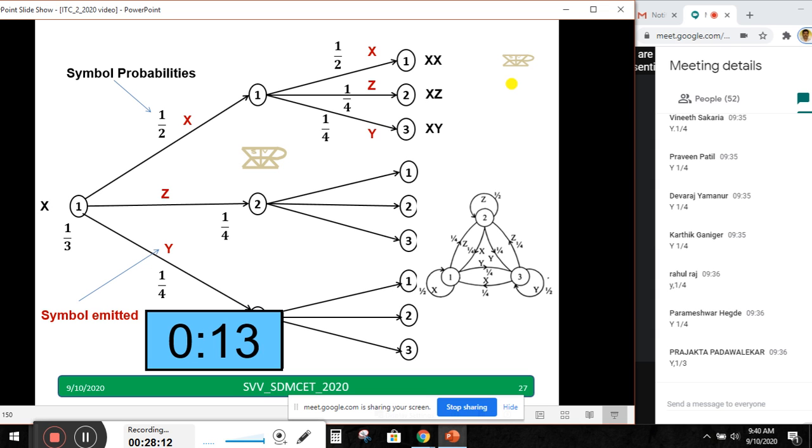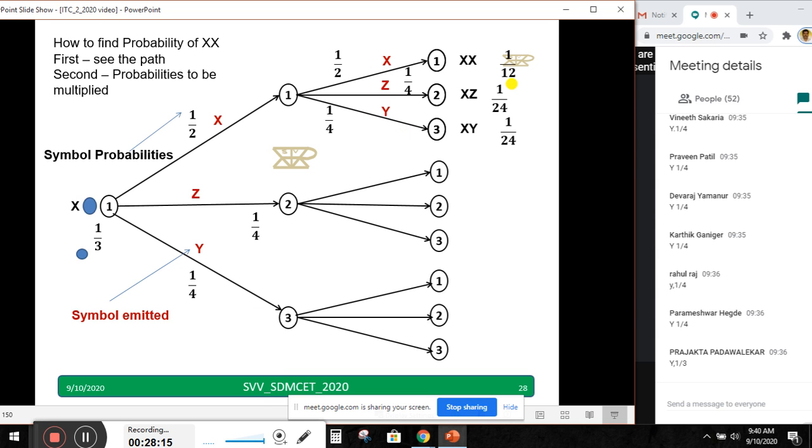Let me go to the next slide. So these are the probabilities. You can copy down later. How to find the probability of XX using the tree diagram? First, see the path. Second, the probabilities are to be multiplied. For example, in the first case I want only the XX probability.